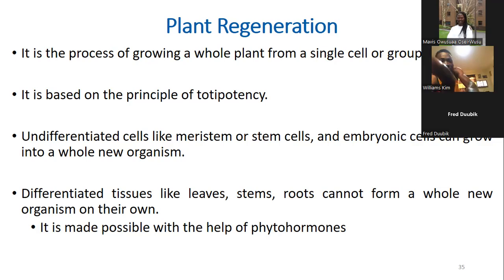Hello, Fred. Madam, yes. Please, I'm with you. Please, can you hear me? Yes, I can hear you. Yes, please. I'm saying that with tissue culture, it's the use of any part of the plant. It could be the stem, the roots.